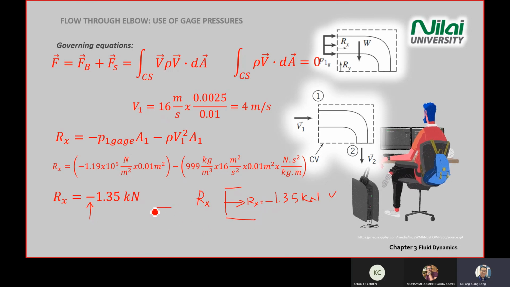The real scenario, the Rx will be going this way. If you draw it going to the left, it will be a positive value. It depends on the arrow that you draw.